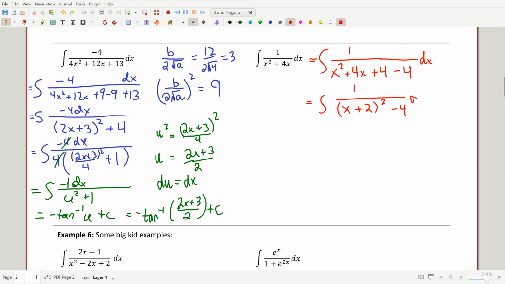dx. Can I make arctan out of that? I could divide this whole thing by negative 4, right? That would get me the positive 1 that I want here. But this would be negative (x plus 2) squared over 4, which would be my u squared. And that would be a problem when I went to take its square root, because there's a negative there.